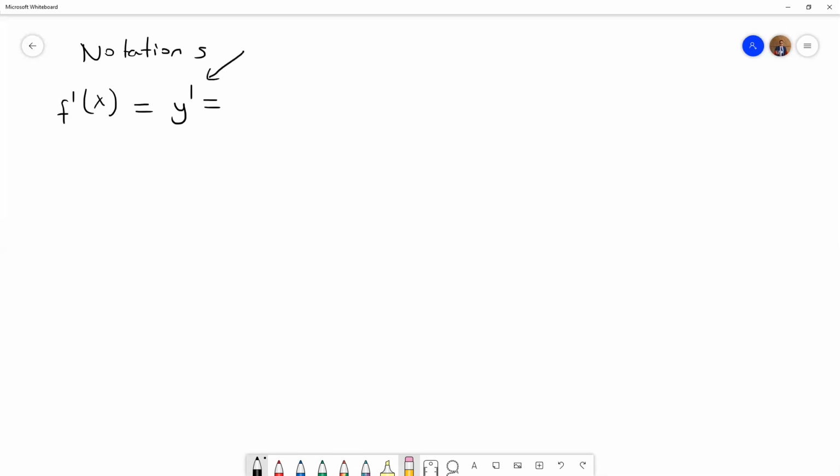I'm going to say again, this one means prime, y prime, dy over dx, or df over dx is equal to d over dx of f(x).